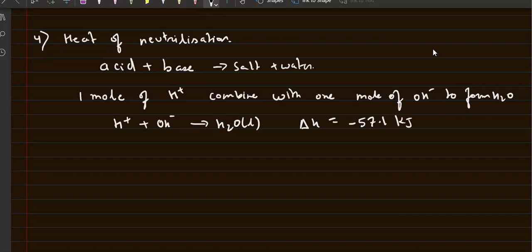Now, do you think this delta H is same as heat of formation of H2O? It is not same as heat of formation of H2O.